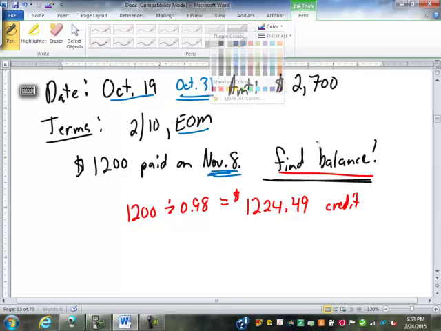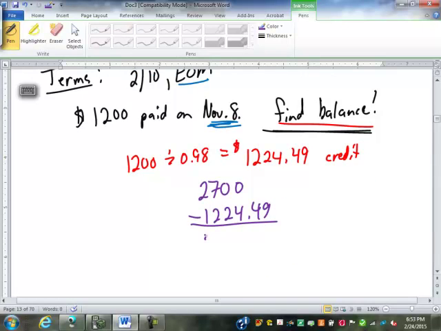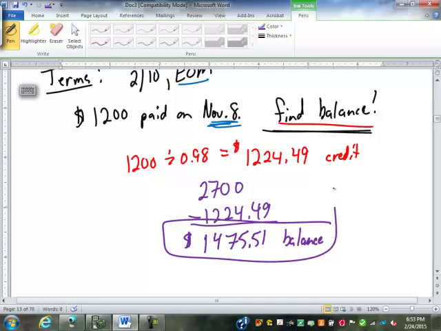To find the balance, we do what? 2,700 minus 1,224.49. So this will be what? 1,475.51. The balance. So I'm going to pause there for questions.